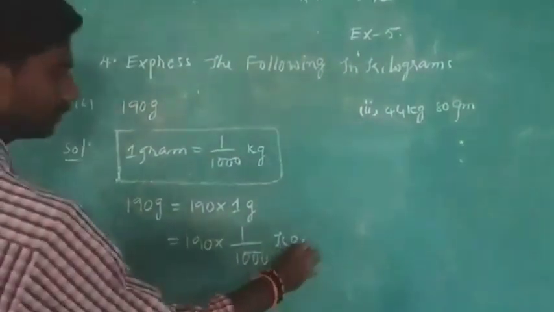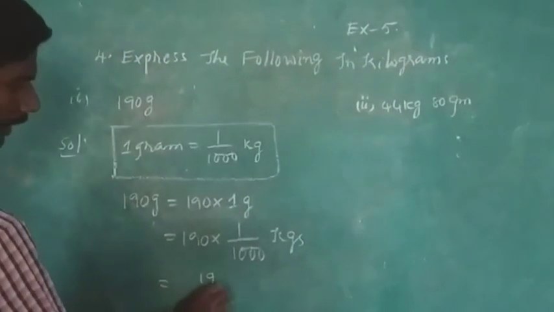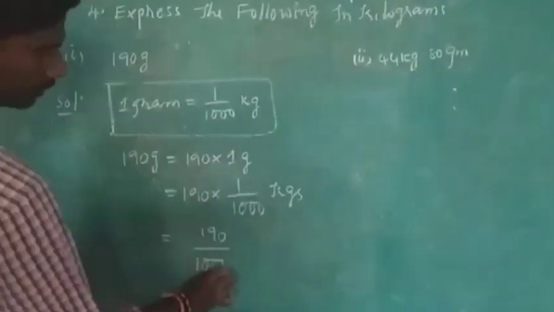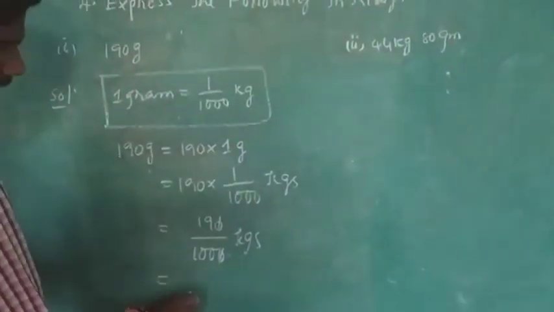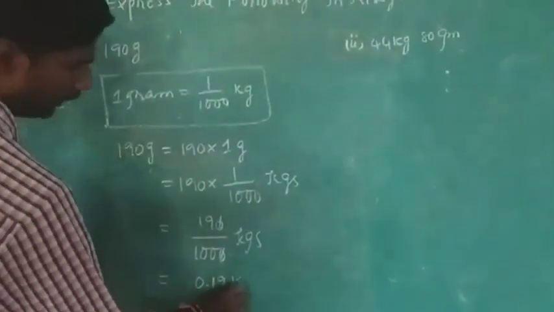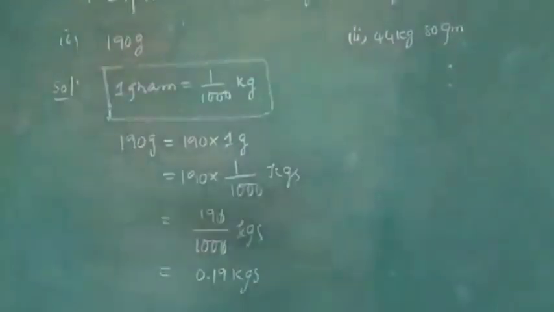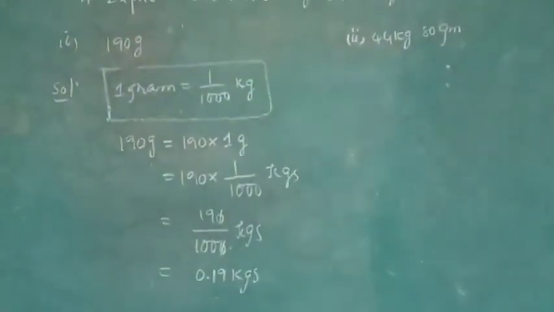So 190 by 1000 kilograms. The zero gets cancelled, so what you will write is 0.19 kilograms. Concentrate on it clearly.